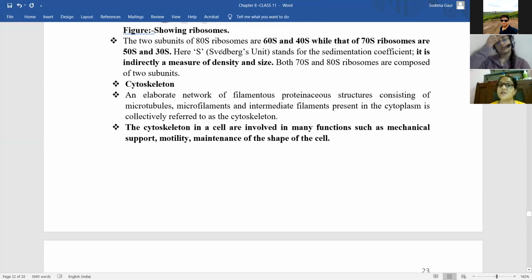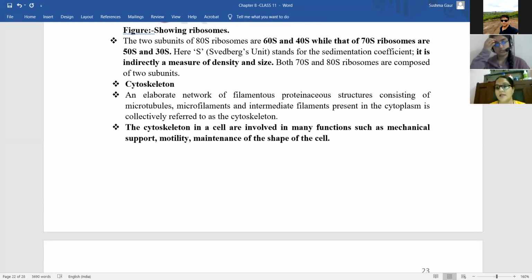This S represents Svedberg units, which stands for sedimentation coefficient. So what do you mean by sedimentation coefficient? It is indirectly a measure of density and size. Okay, S represents Svedberg unit, or sedimentation coefficient. Sedimentation coefficient means it is a measure of density and size.